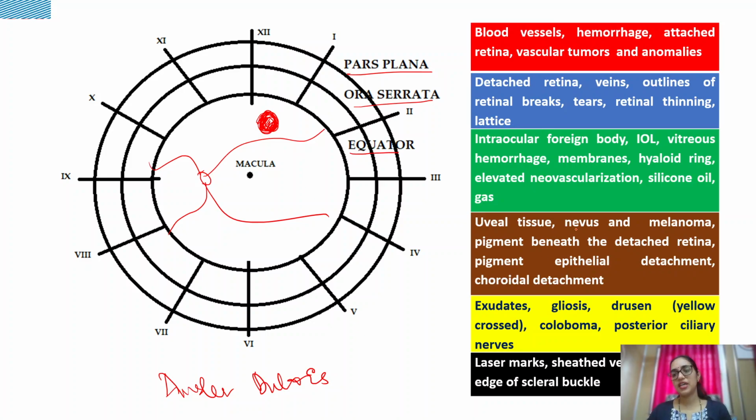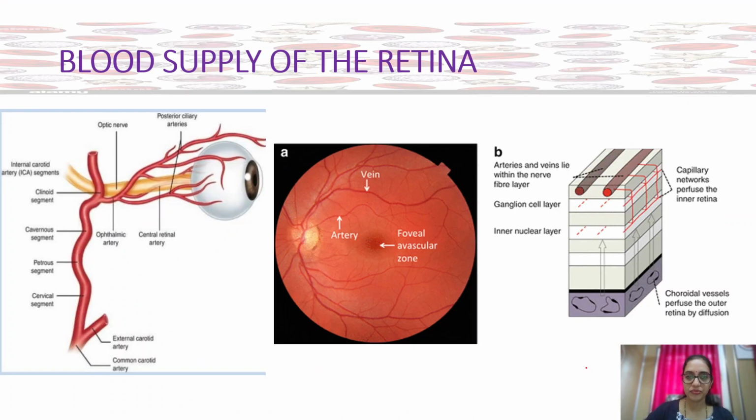Uveal tissue, nevi, melanoma, pigment epithelium detachment, and any choroidal detachments are colored in brown. Exudates, any pus, any retinitis, drusen, gliosis, all those are marked in yellow. Whereas laser marks, sheathed vessels, pigments, and edges of the scleral buckle are marked in black. So this is how you color code your retinal drawings.